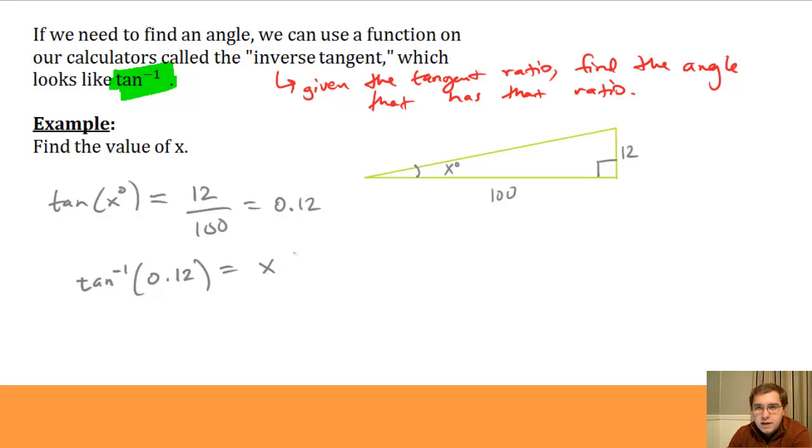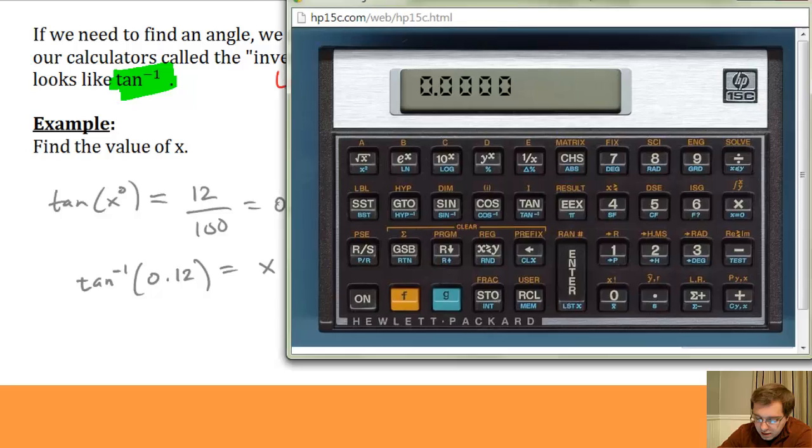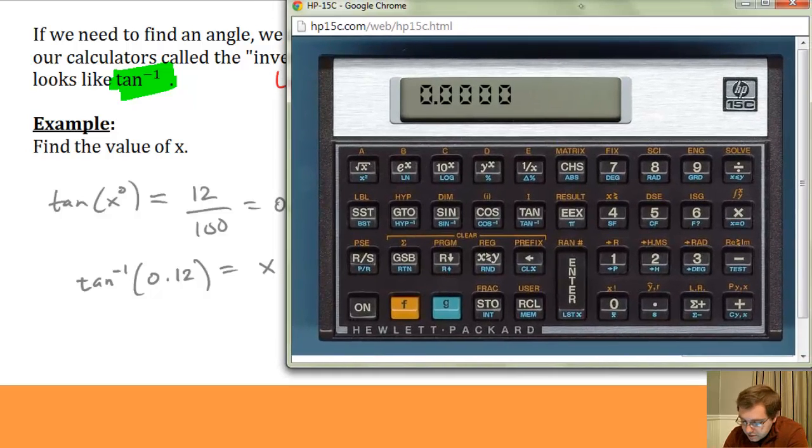Now, not all calculators have a tangent inverse button. I'll show you in class another way that you can find this if you don't happen to have a calculator with the tangent inverse option. But here I've got one. So I'm going to put in 0.12, and I'm going to take the inverse tangent. So I see this little tan inverse option there.